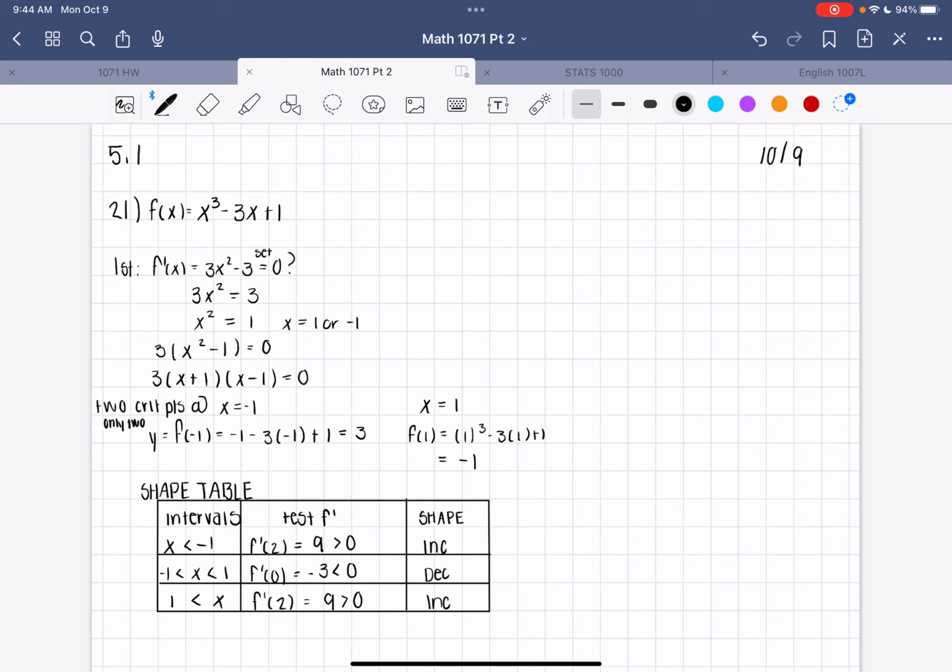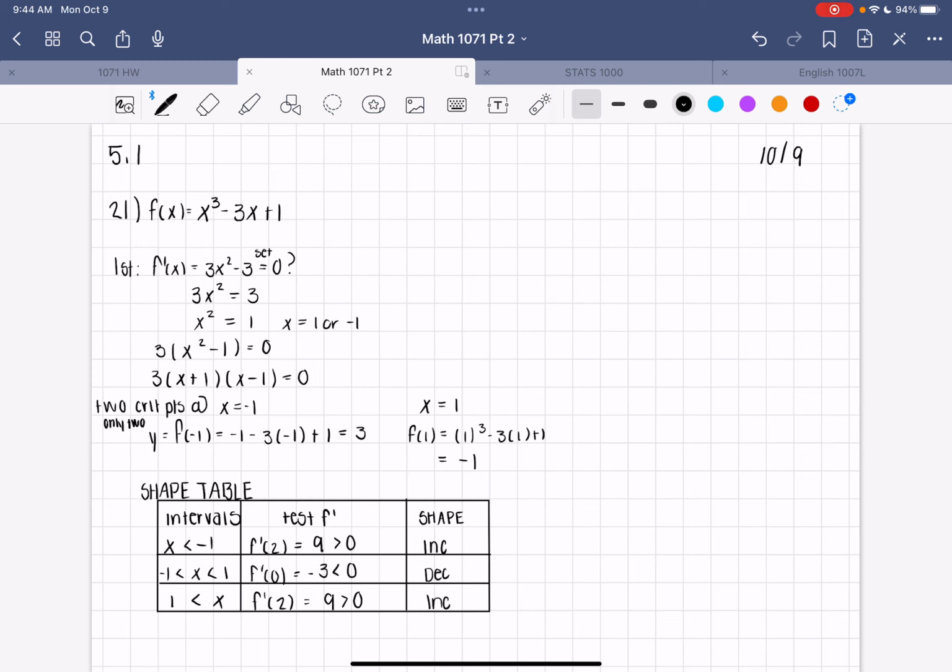Right? It's a minimum because its y-coordinate is shorter, less than all its neighbors. But it's not an absolute minimum, because way over here on the right, the thing is plunging down to negative infinity. So this has no absolute minimum.